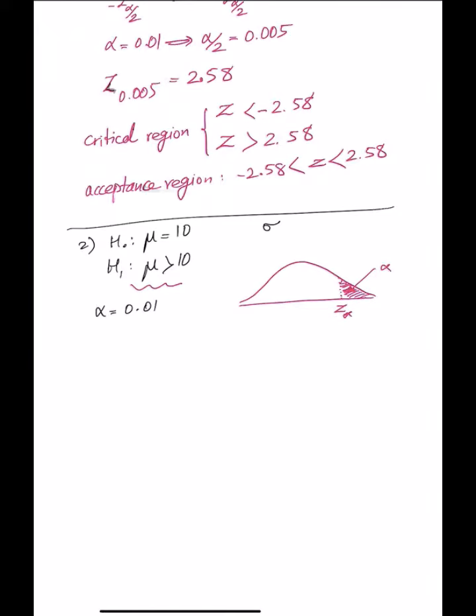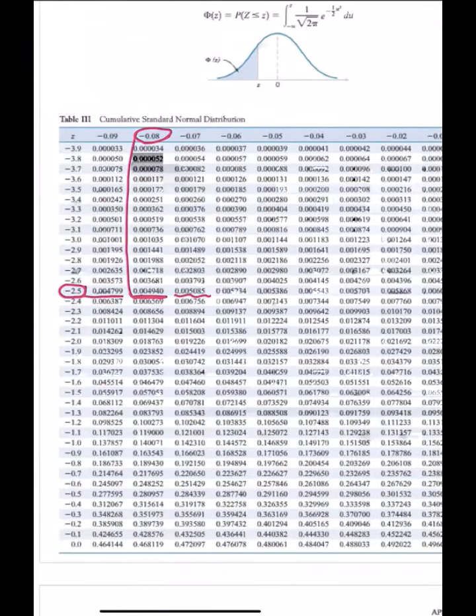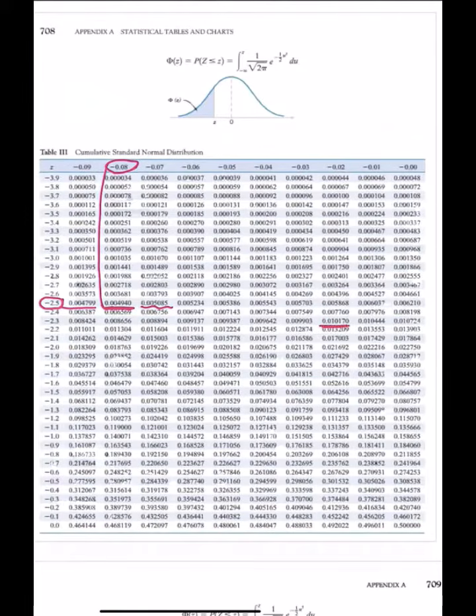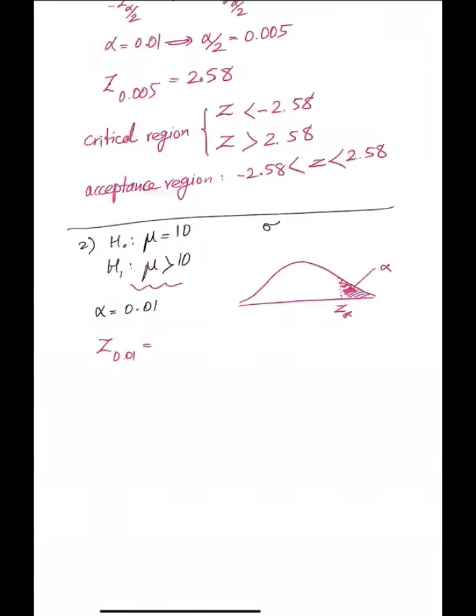And so in this scenario, it's going to be z of 0.01. And again, if I look at the table, 0.01 is, so this is the right value, and this value corresponds to 2.32. So let's go back. So z of 0.01 is 2.32.